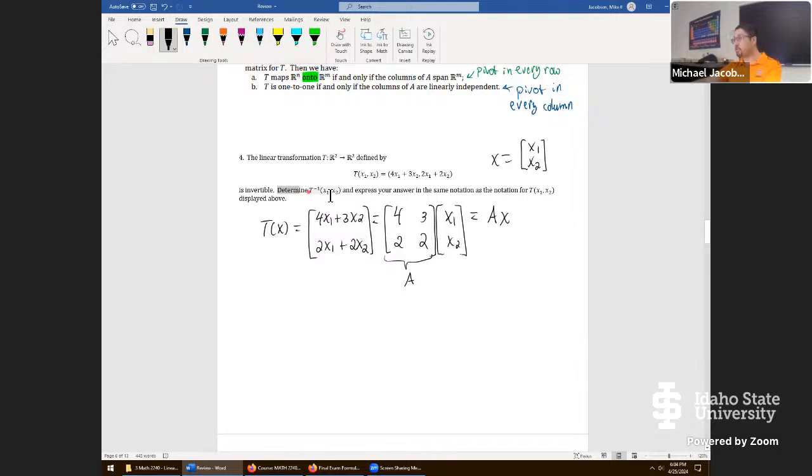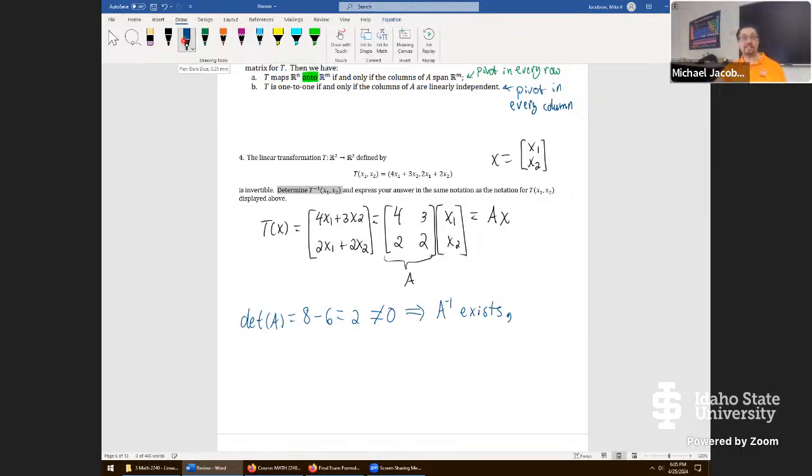And we're looking for a function, the inverse of the mapping T that was just given. So it should be an invertible mapping. We could test that just by taking the determinant of A right away. Determinant of A is 8 minus 6, for a value of 2, which is non-zero, which implies A inverse exists.